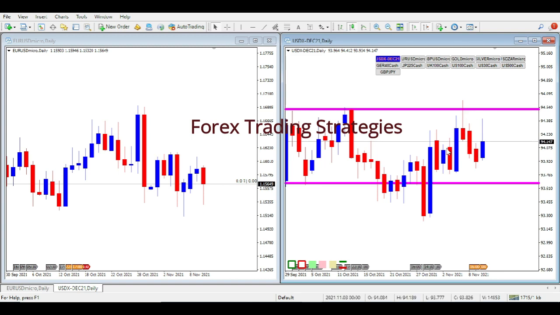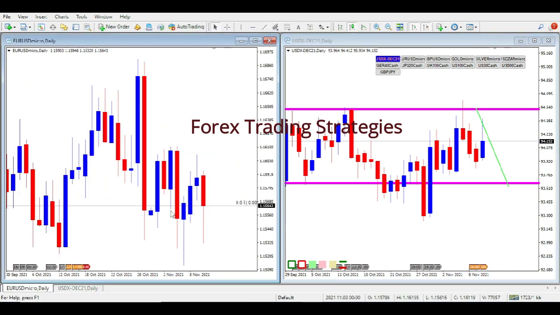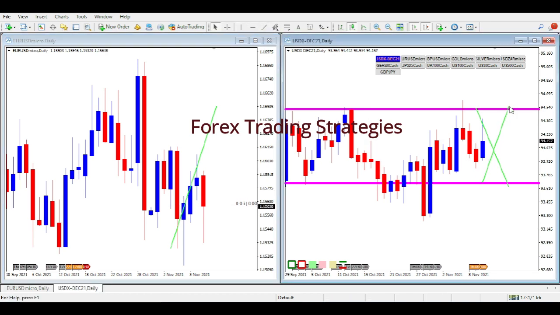If the dollar index is going down, it means you should be buying Euro USD. Does it make sense? If the dollar index is going up, it means you should be looking for sales on Euro USD.